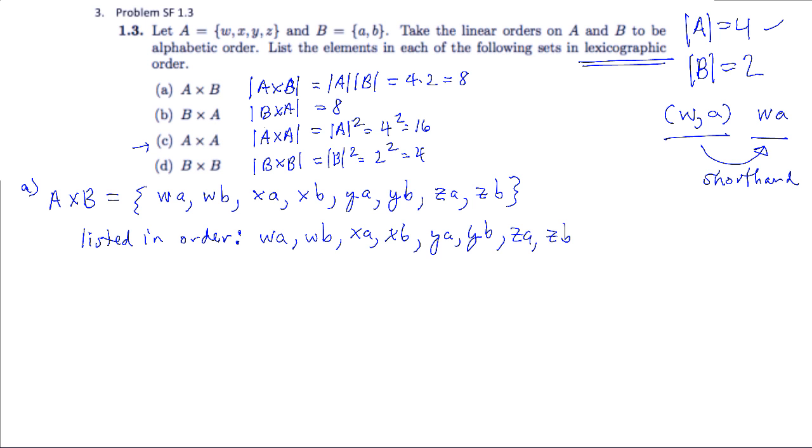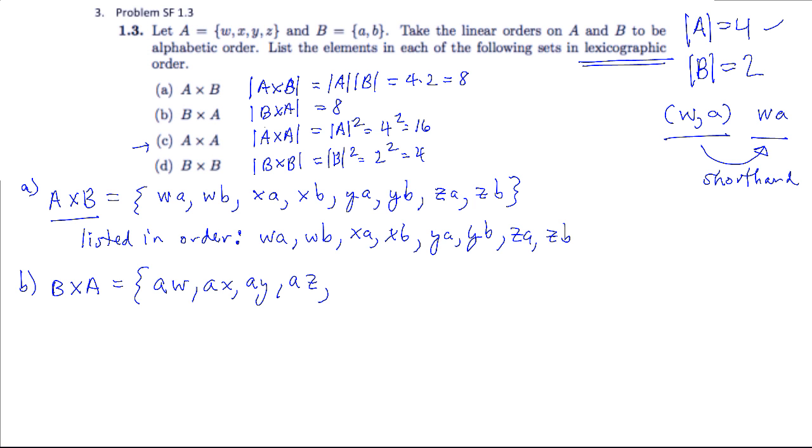Okay? For the rest of the problems, I'm just going to write the elements of the set, and I'm going to write them out in lex order. For part B, B cross A, I'm going to write it as a set, and then I'm going to draw an arrow to that set and say ordered as shown. Here I'm going to start with the first element of B, and I'm going to do AW, AX, AY, and AZ.